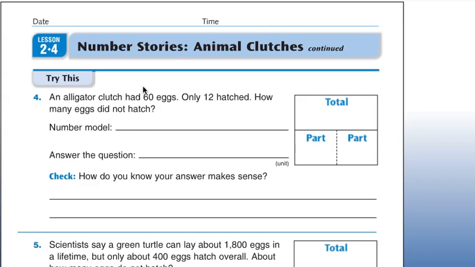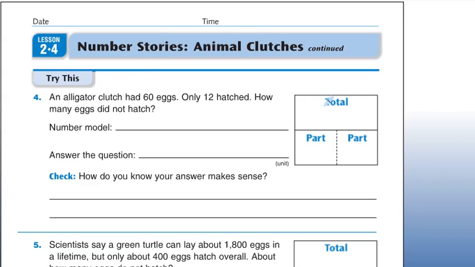Only 12 hatched. How many eggs did not hatch? So we are trying to find out how many eggs did not hatch, okay? So the thing here is we already know a total number, and the total number was 60 eggs, okay? We know that 12 of them hatched, and so we need to find how many didn't hatch. So we are looking for a part answer in this problem.